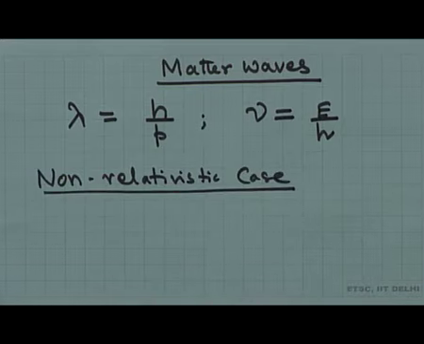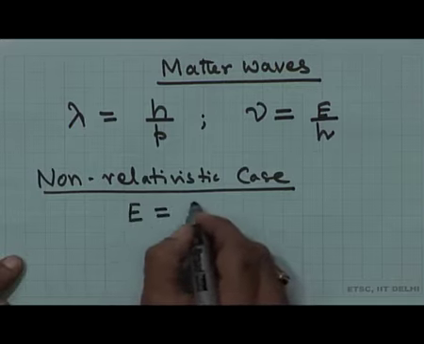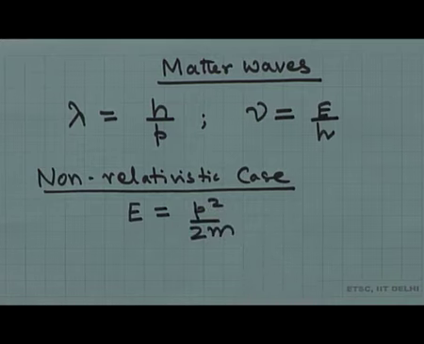So in the non-relativistic case, we all know the relation between energy and momentum. My energy is simply given by p squared by 2m.